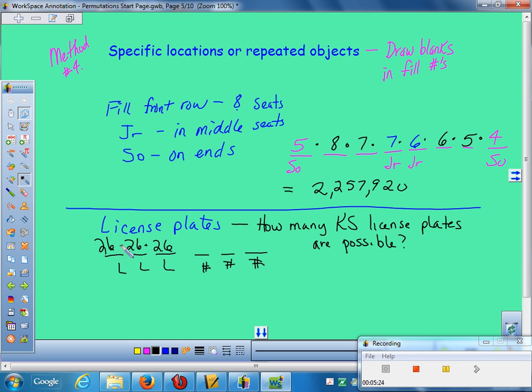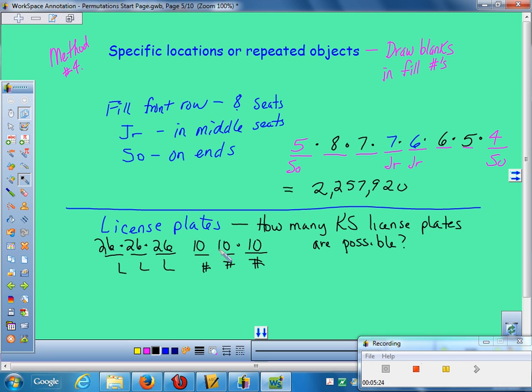Well, we're going to assume there's zeros. So that means there's 10 single-digit numbers then. 1 through 9 plus 0. How many for the second slot? 10, because you can repeat numbers too.